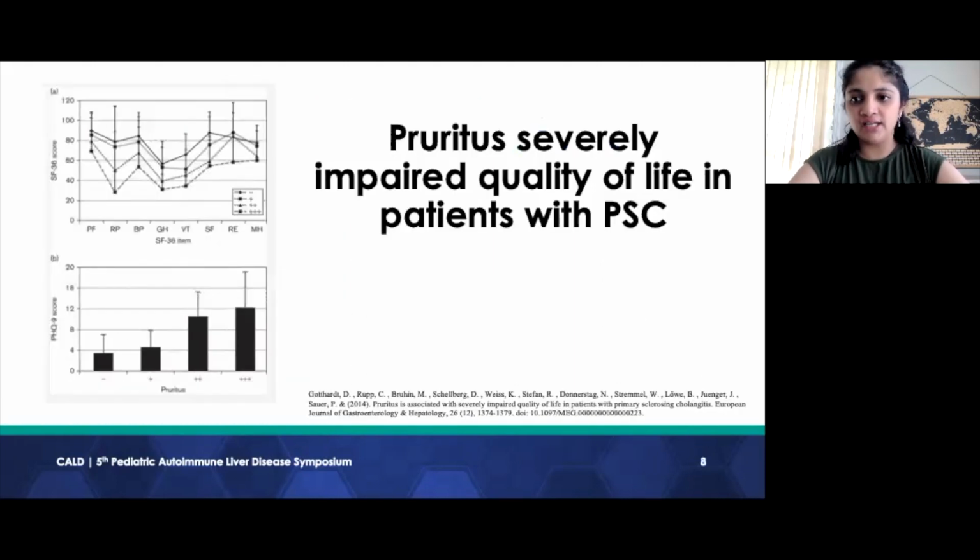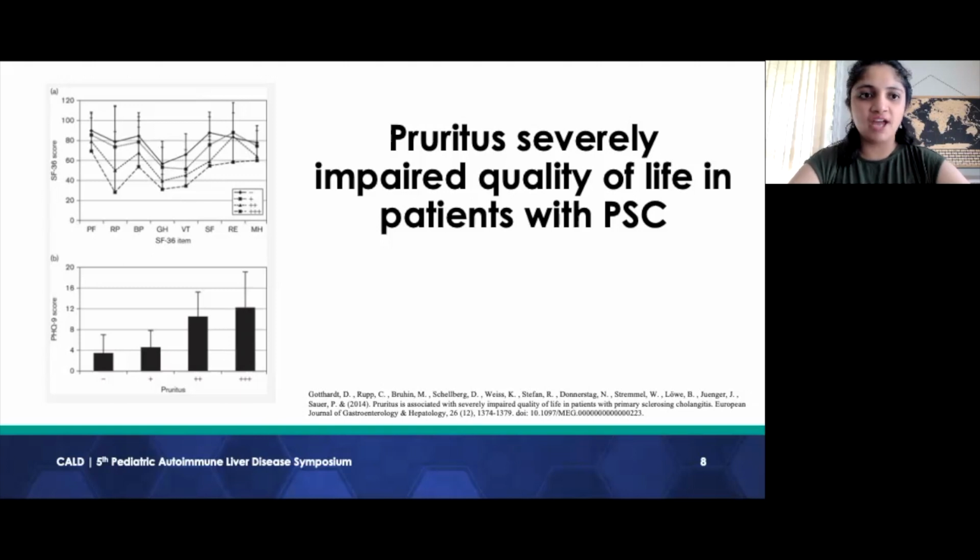In another study where they administered SF36, which is a short form health survey, and PHQ-9 surveys to patients, they found that their patients' quality of life was pretty significantly impaired by pruritus.